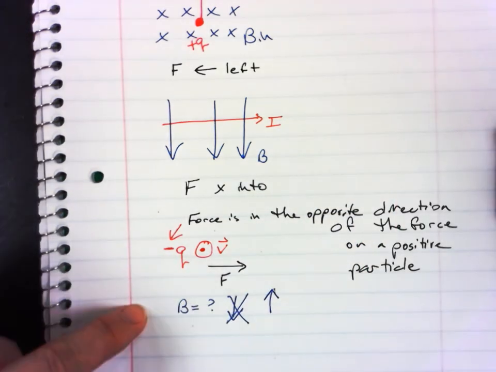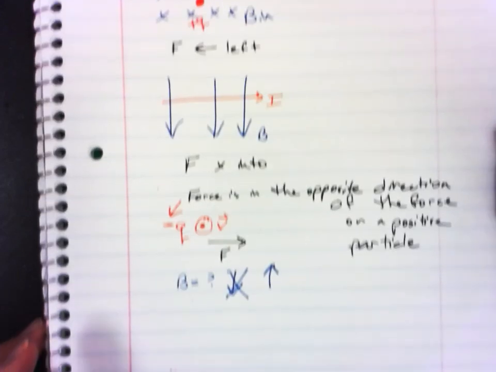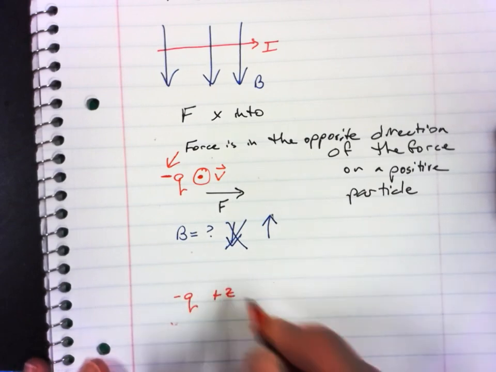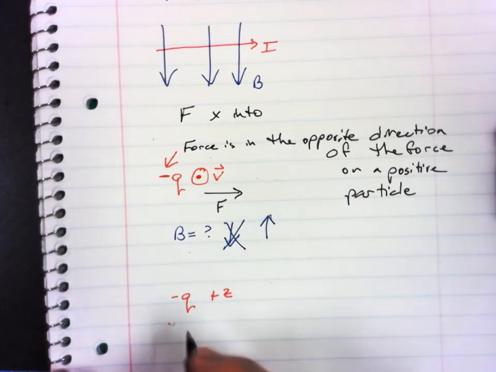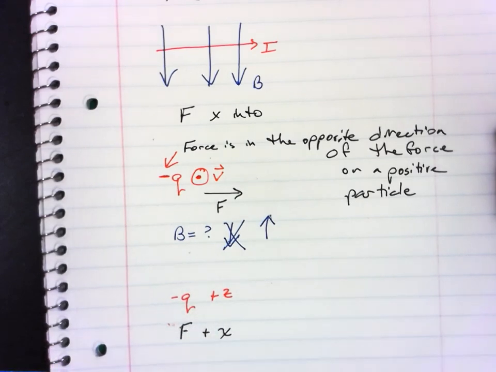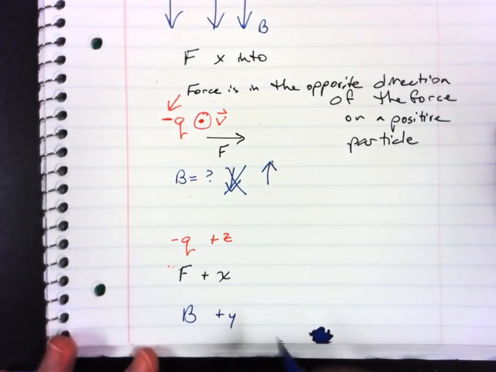Now, this problem I had originally written differently. That negative q was moving in the positive z direction, and F was in the positive x. Well, I know from figuring this out, B is in the positive y direction.